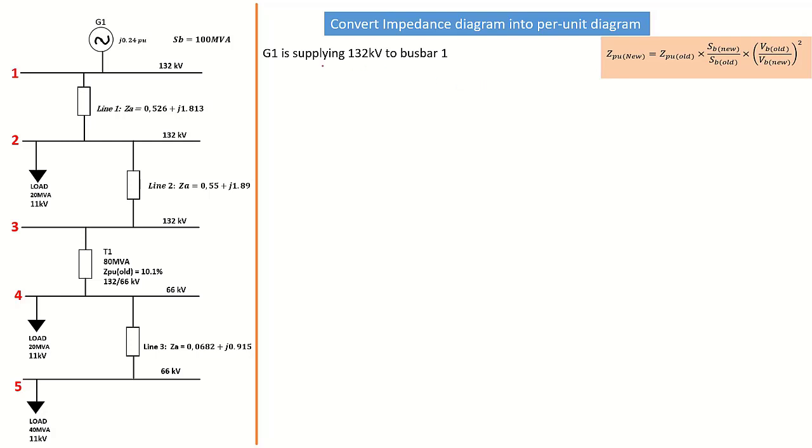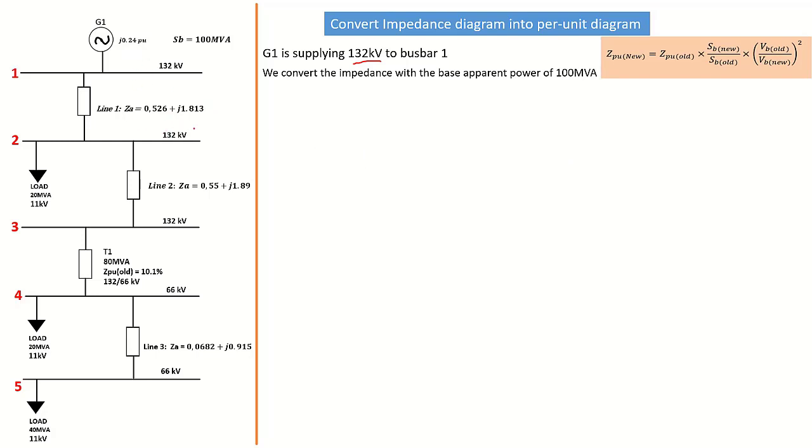As we have already said, G1 is supplying 132 kilovolt on bus bar 1. Now we have to convert the impedance with the base apparent power of 100 MVA. The generator already has a per unit value given to us.